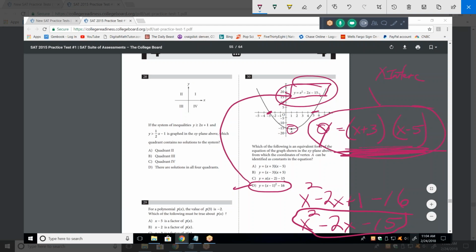That's the only one that's in vertex format, and you have to have it in vertex format in order to know what the vertex is, and the vertex is based on those constants. Yeah. When they say constants, they don't mean x. Right. Or coefficients of x. What they mean are that number and that number, or that number.